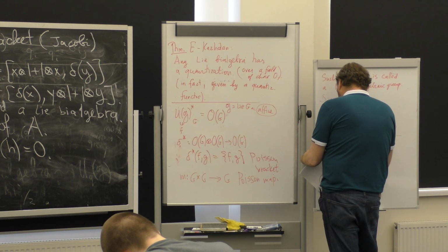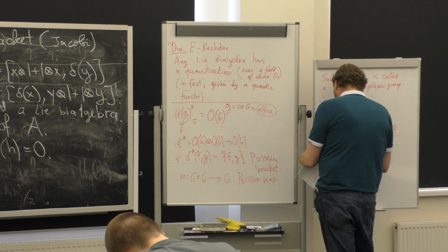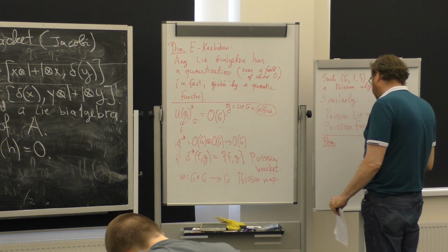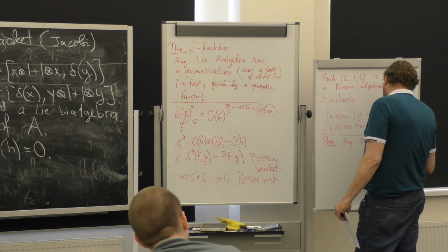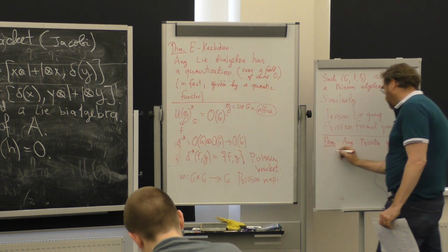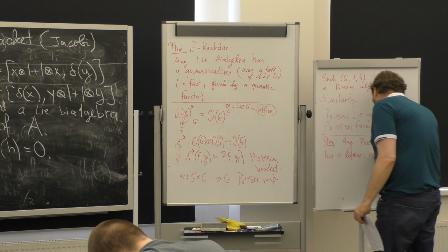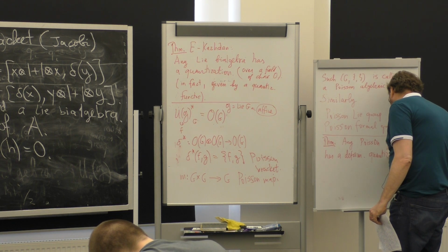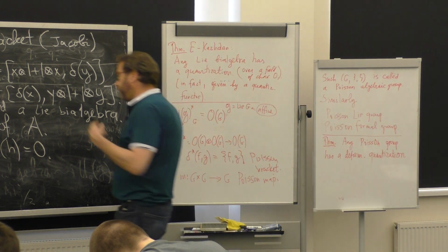And so this story can be viewed as quantization of Poisson Lie groups. The theorem that I stated there implies another theorem, with some additional work, not very much, that any Poisson group can be quantized in any of those three settings. It has a deformation quantization. This means that I can deform the product.